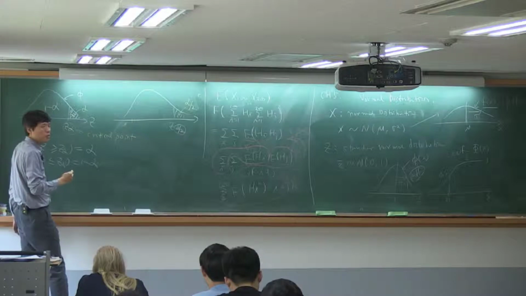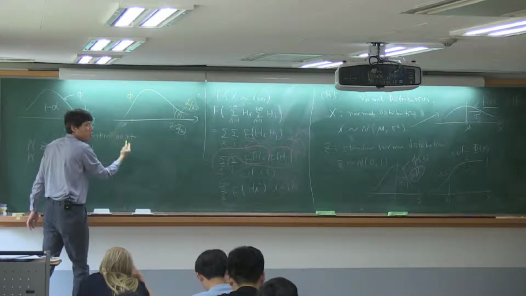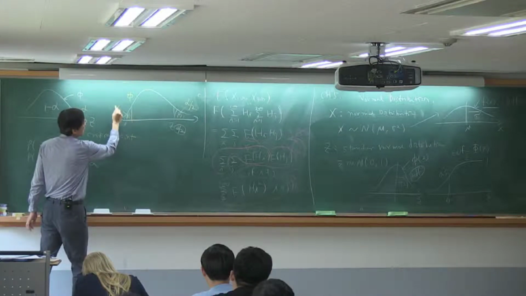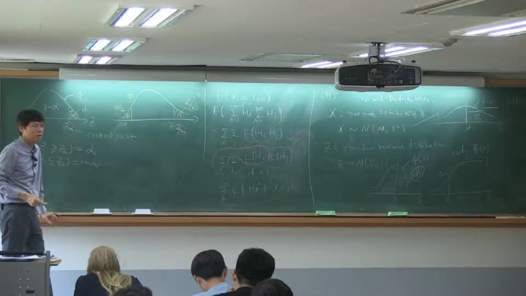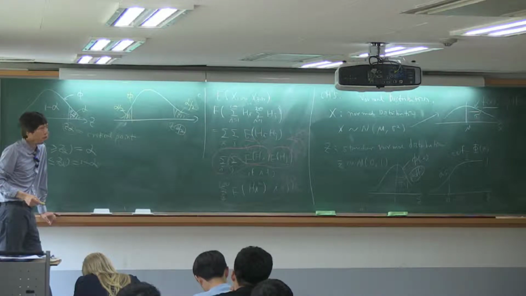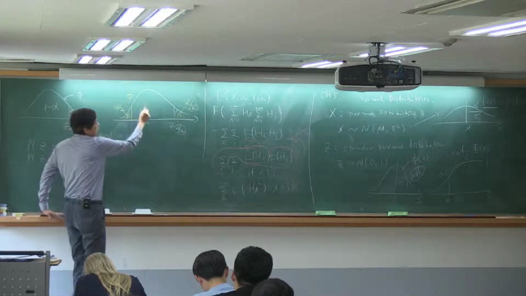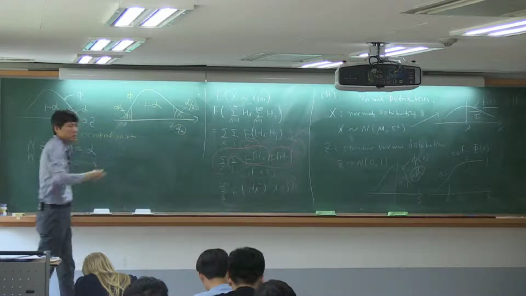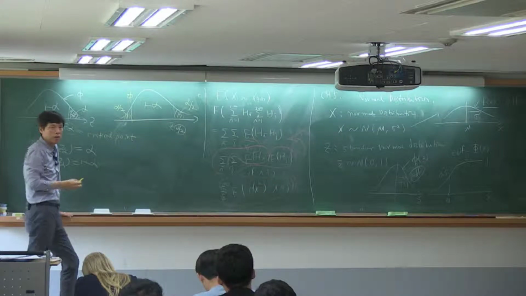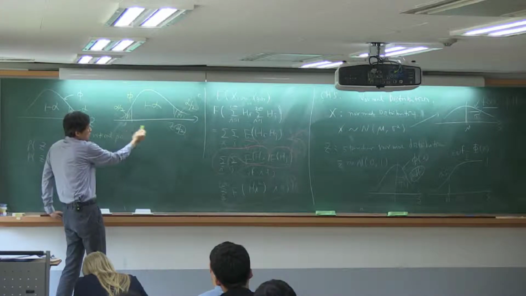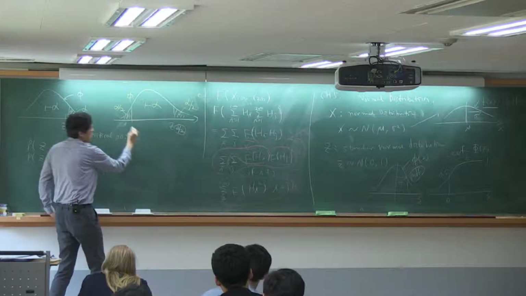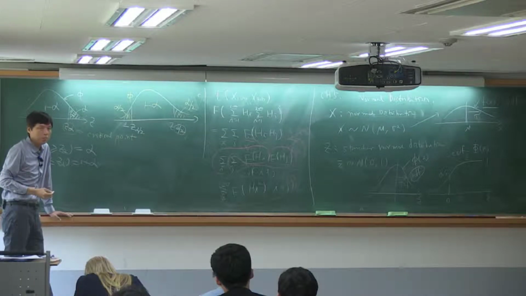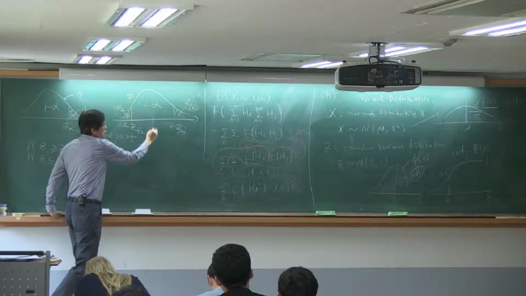Because the standard normal distribution is always symmetric, there is another area whose probability is half alpha, alpha over 2. So the remaining area has probability 1 minus alpha. Then what is the value of this? This is minus g half alpha, with zero here.